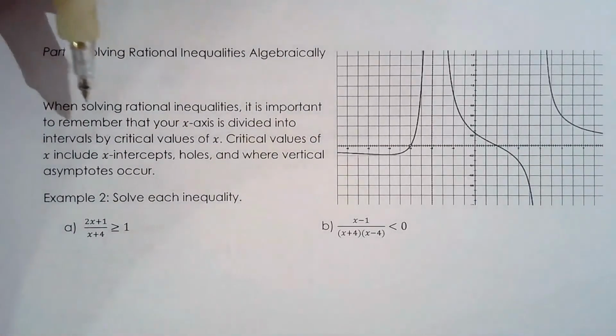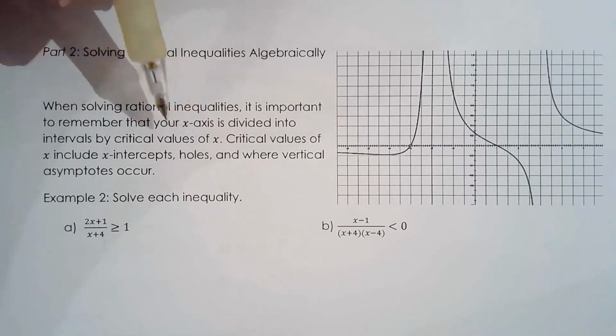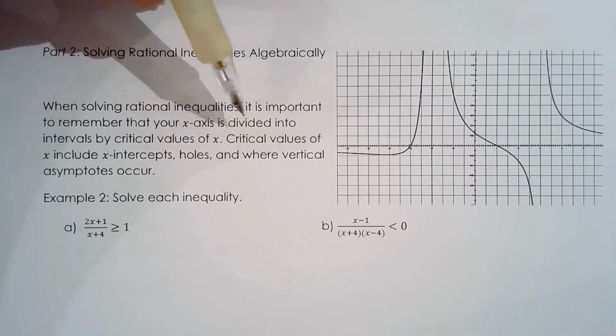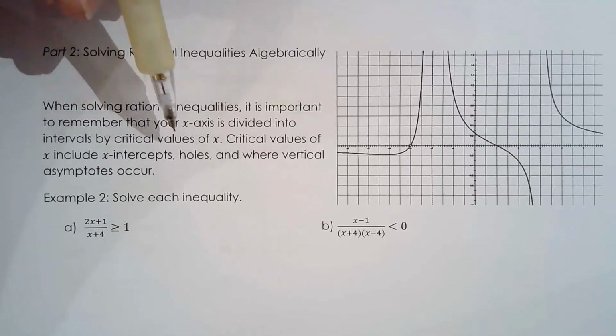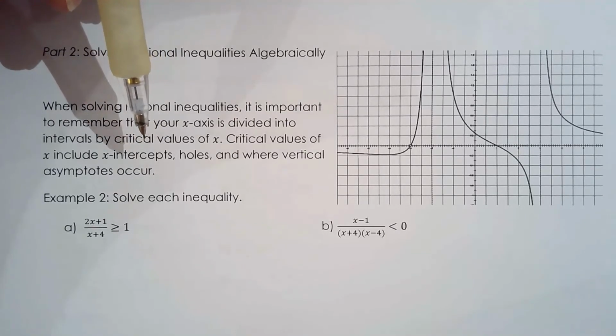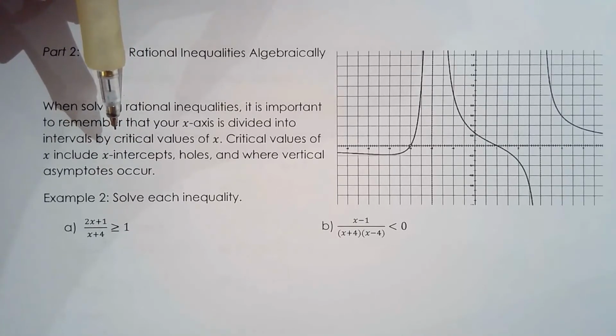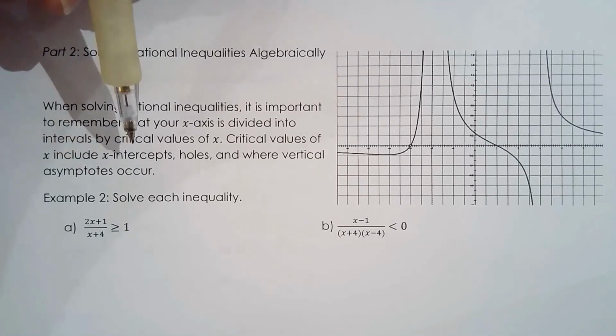Sorry, I forgot to mention, I gave you a beautiful graph here. When solving rational inequalities, it is important to remember that your x-axis is divided into intervals by critical values. Previously, with polynomial inequalities, you imagined a polynomial function, and the x-intercepts divided the graph into the intervals where it's positive and negative. But with a rational function, it's not just x-intercepts.